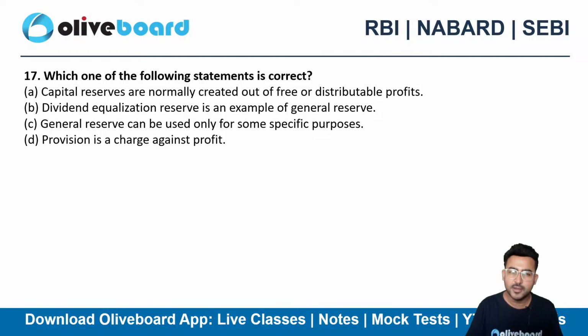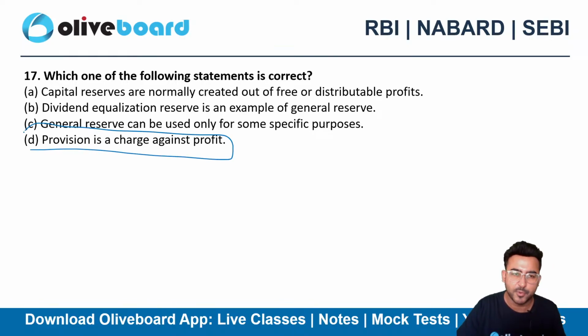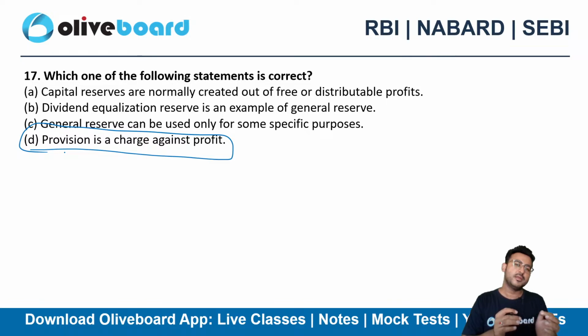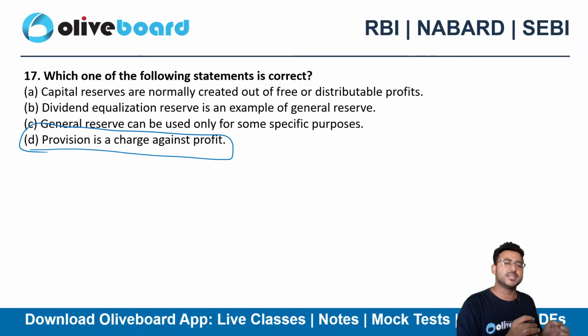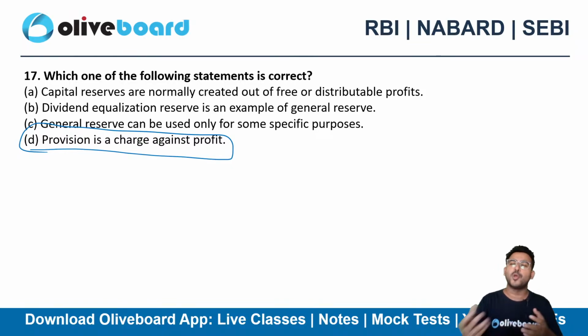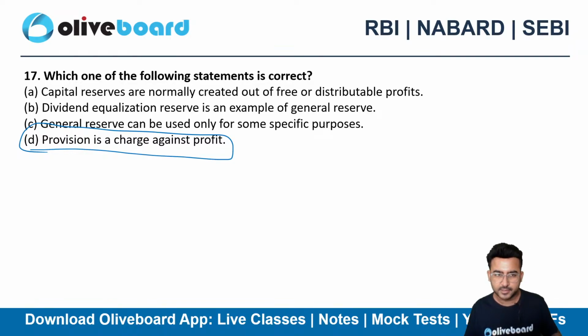And statement D, provision is a charge against profit. Obviously this statement D is correct. Provisions are a charge against profit. What is the difference between reserve and provision? Reserve is an appropriation of profit, whereas provision is a charge against profit. That's the basic difference. The rest of the statements are incorrect.